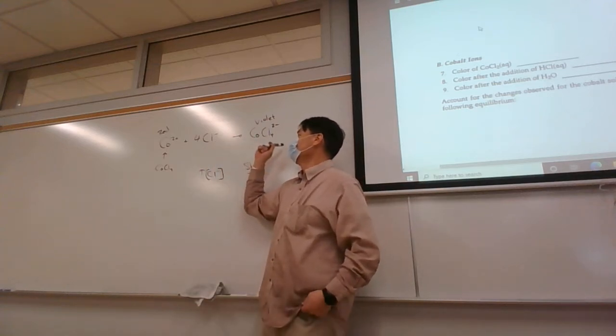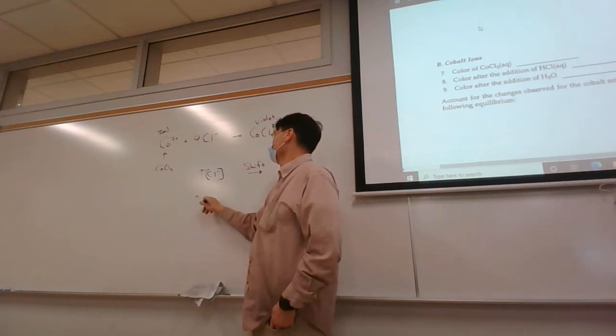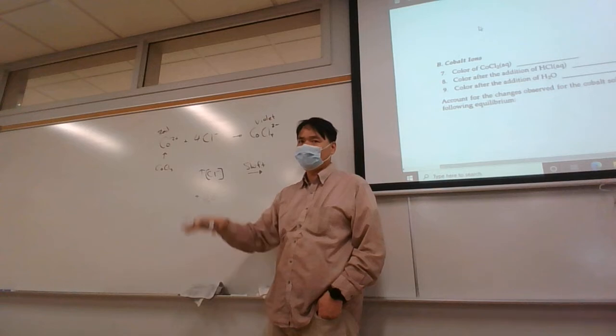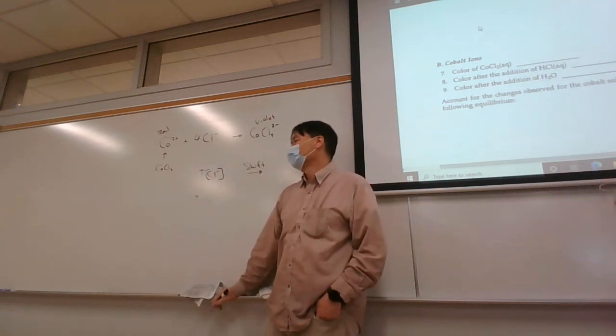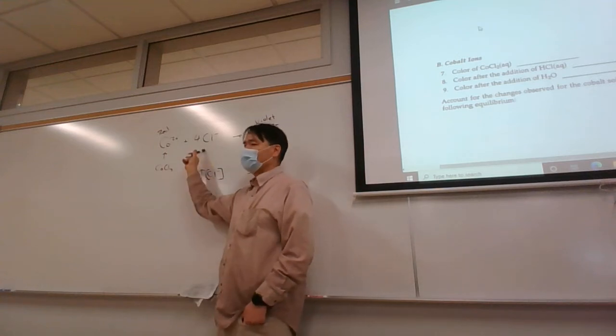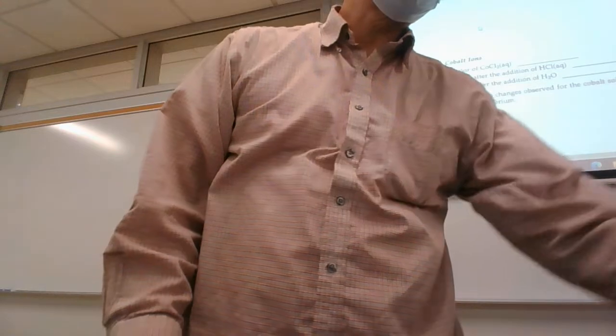So even though, by adding the water, what we're doing is we're decreasing the concentration of everything in there, that's going to have a more significant impact on the left. We can show this by writing out the K expression.